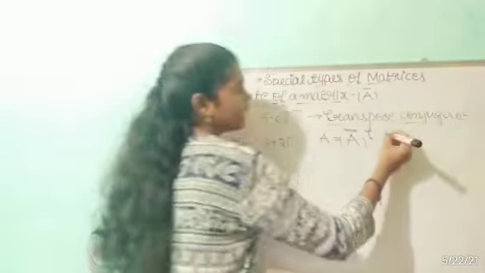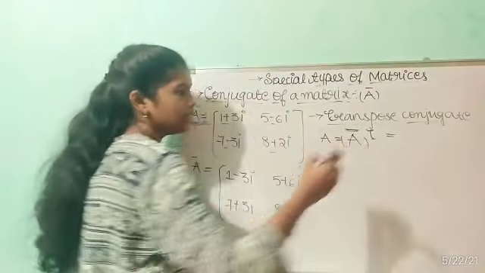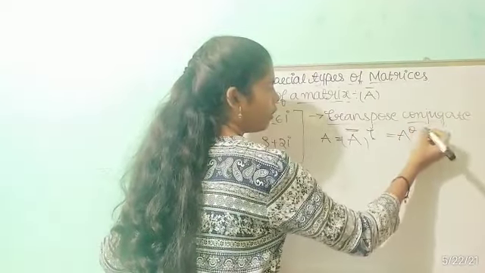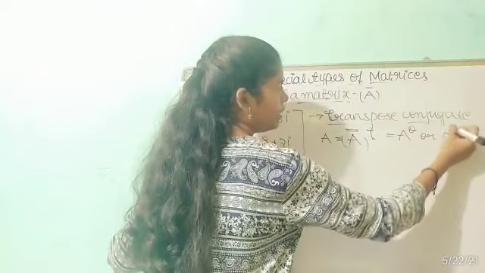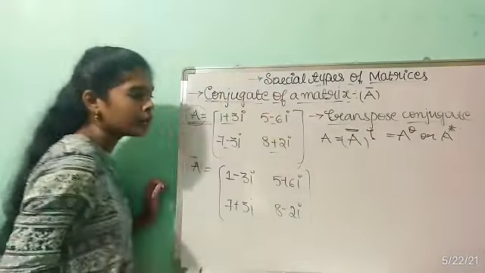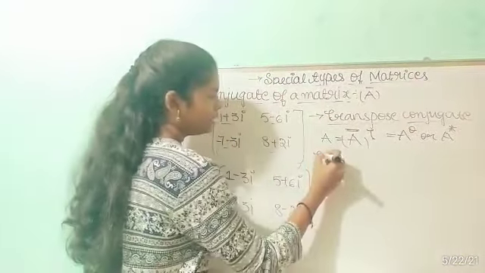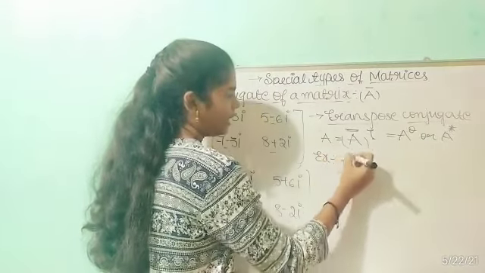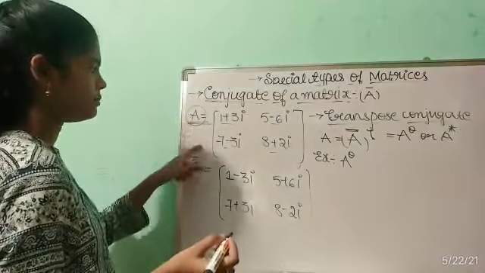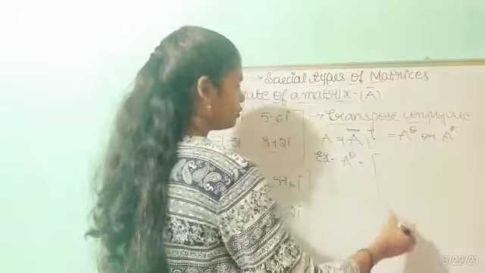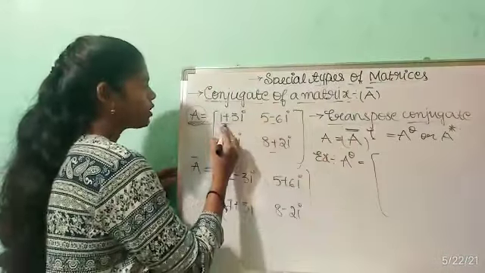The transpose conjugate of a matrix is denoted by A theta or A to the power star. Now let's see what the transpose conjugate of this matrix is.